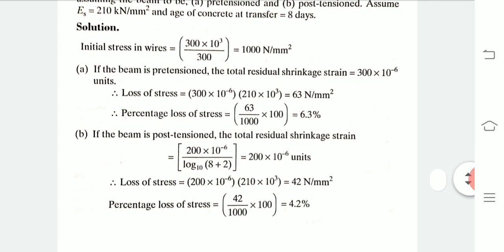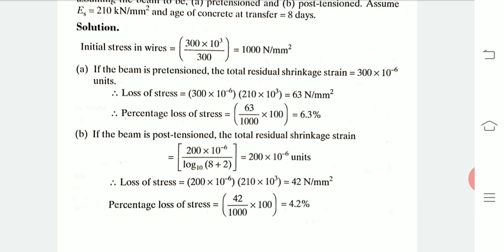Now, in case of a post-tension beam, again this formula we have written yesterday. The formula is 200 into 10 raised to minus 6 divided by log to the base 10 of (8 plus 2). Here 8 is the number of days or the age at the transfer, which is 8 in this given example.